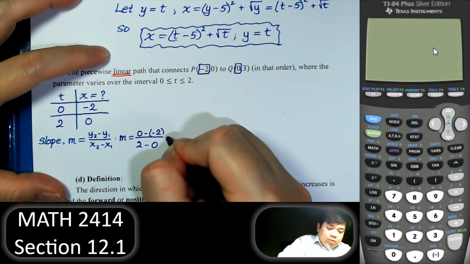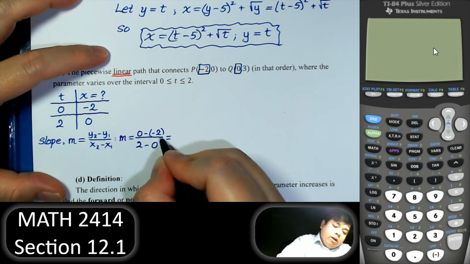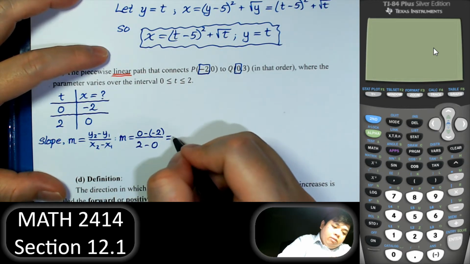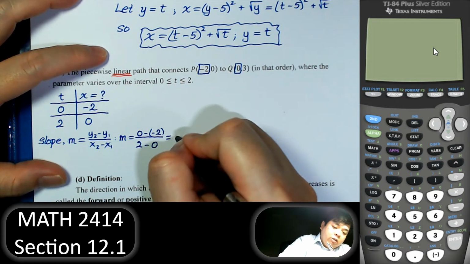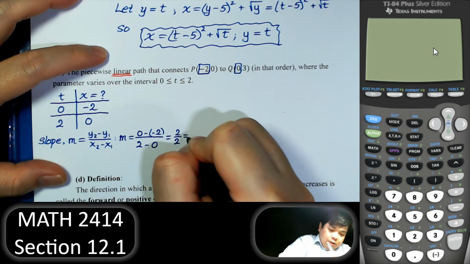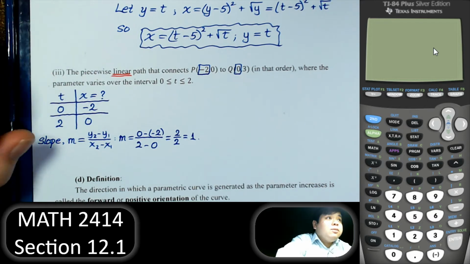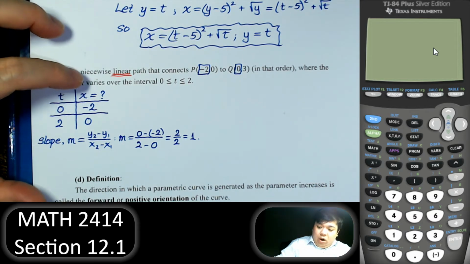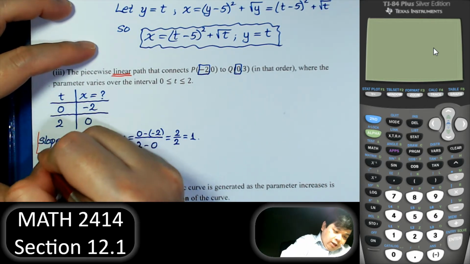That gives us 1, right? 2 over 2 is 1. So for the equation of a line, the slope is equal to that.